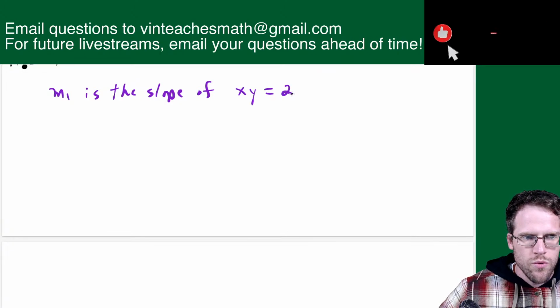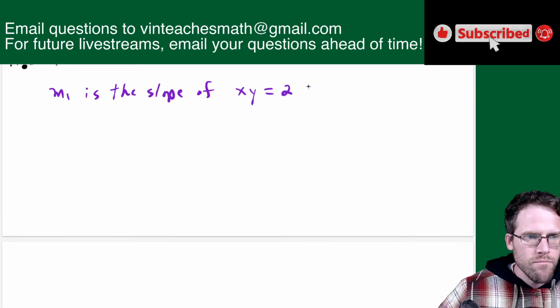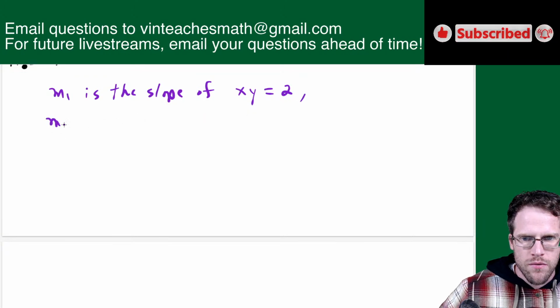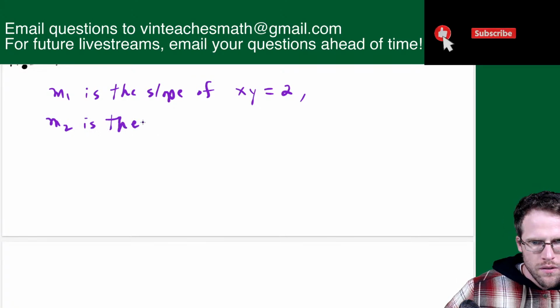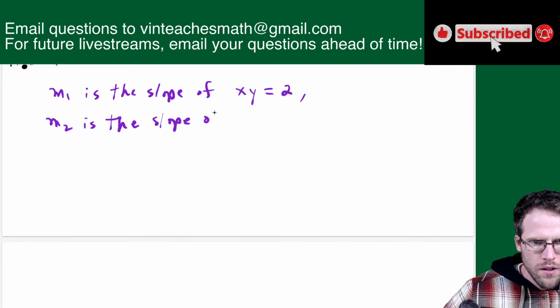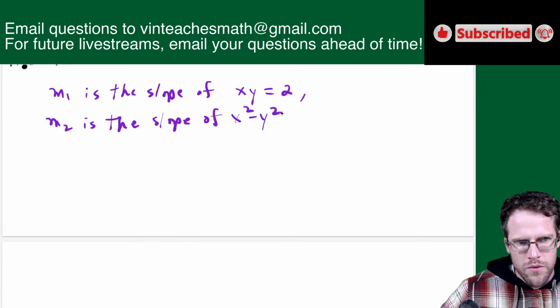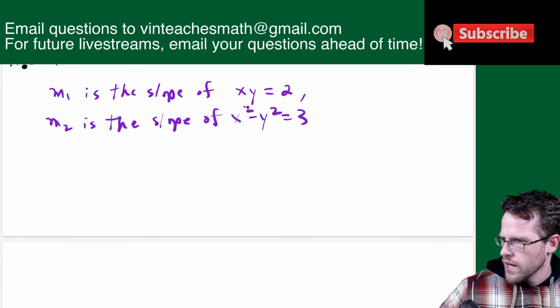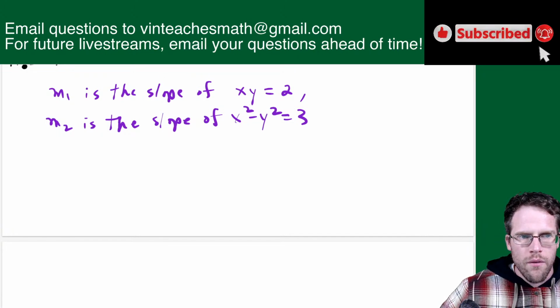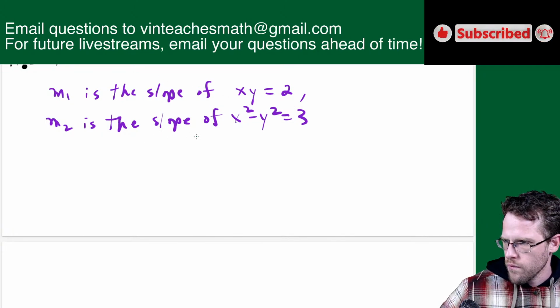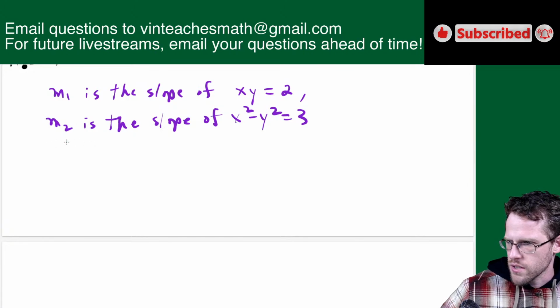Of xy equals 2, and then we have m2 is the slope of x squared minus y squared equals 3, and okay, now what we have is basically at the intersection.